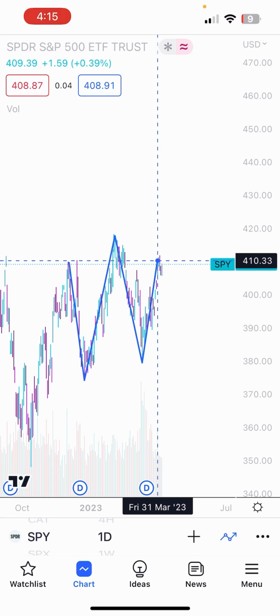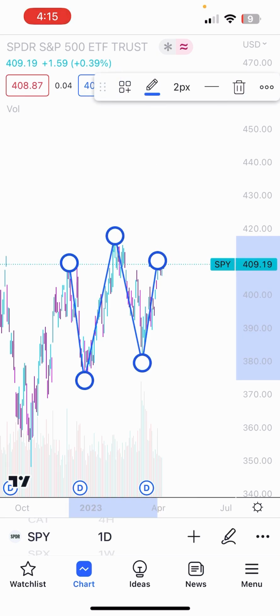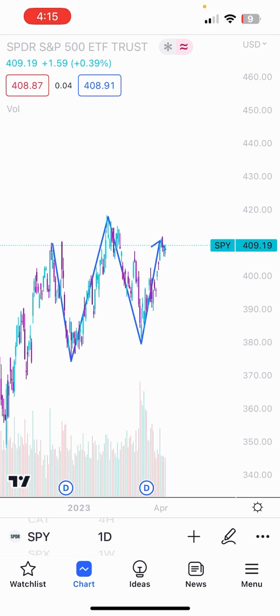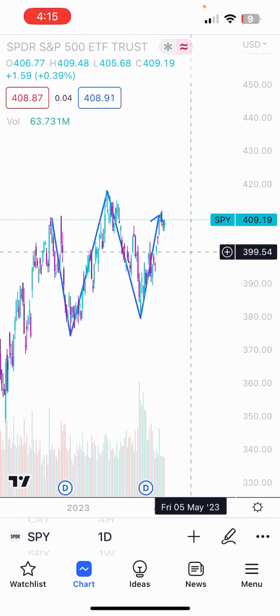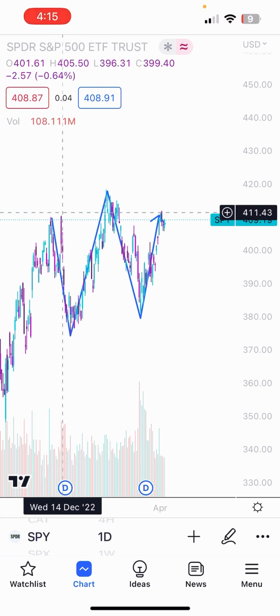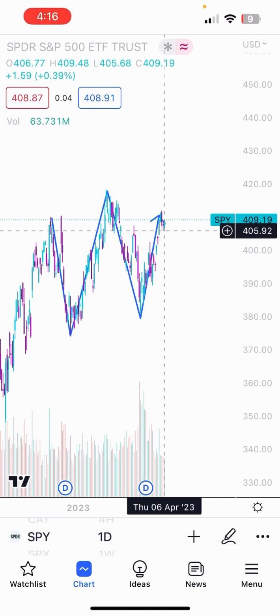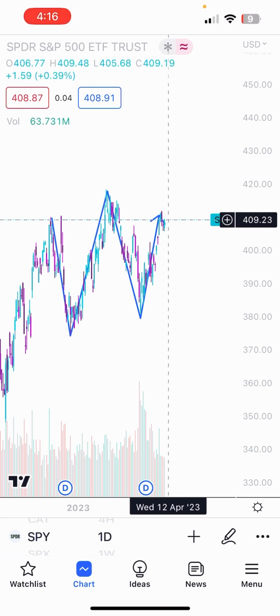This is a head and shoulders. It's considered a head and shoulders because it is like a head and shoulders. So this is one shoulder, this is the head, and this is the other shoulder, right?